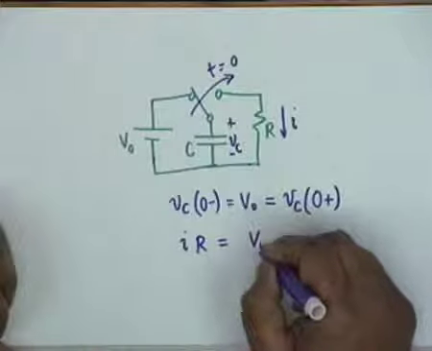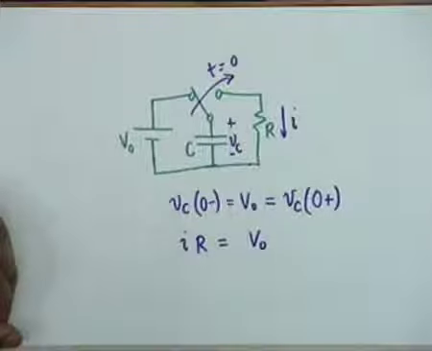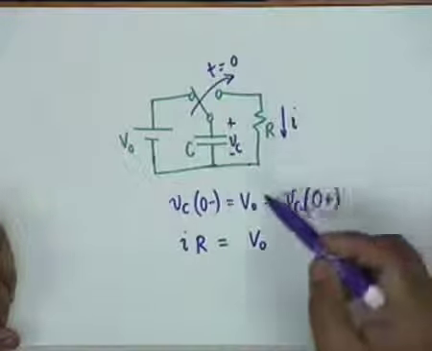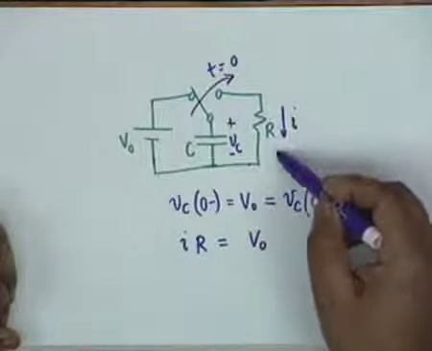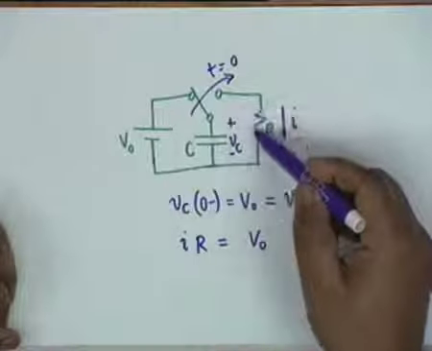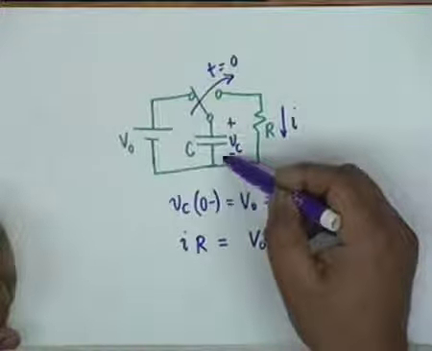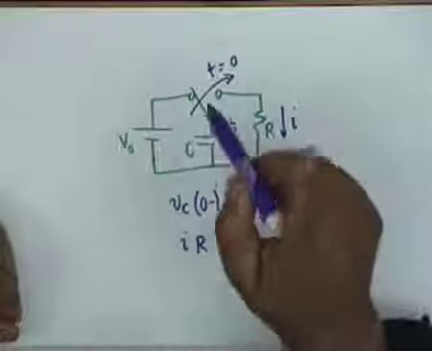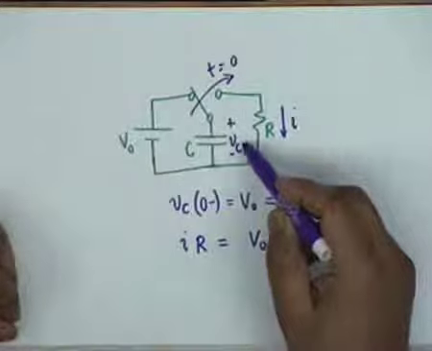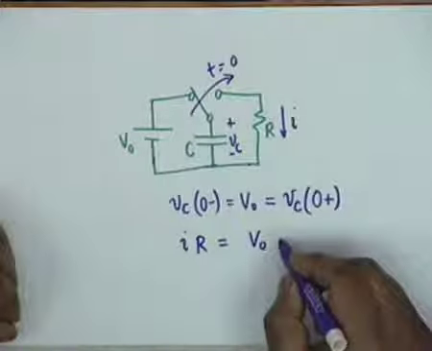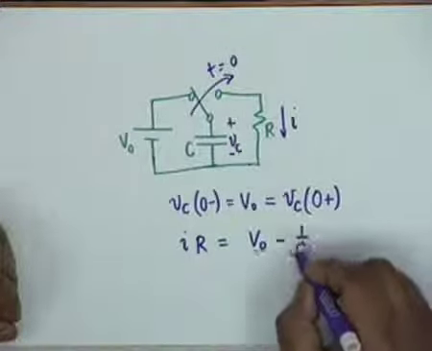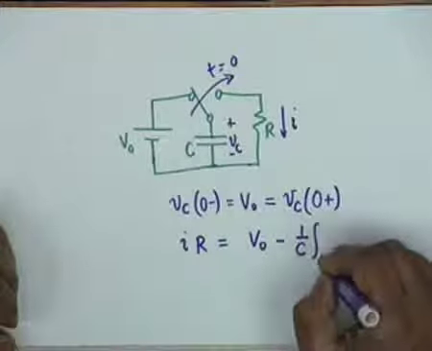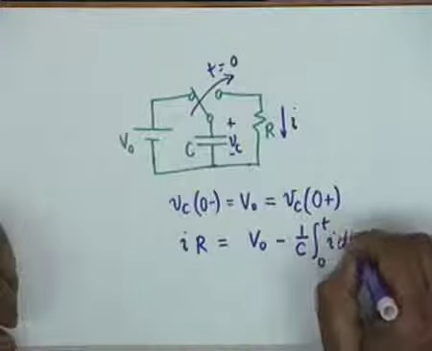V sub C had started with V0 at t equal to 0, and as time proceeds, this current I has to flow in a closed circuit, and therefore this current I charges the capacitor in the opposite direction, which is equivalent to saying that the capacitor is losing charge. What is this charge? It is equal to 1 by C times the integral from 0 to t of I dt.